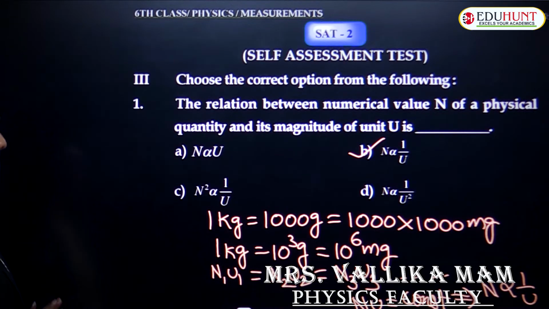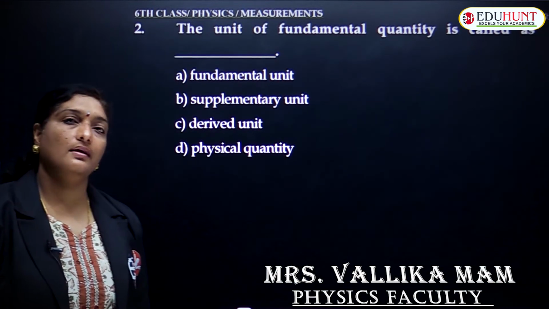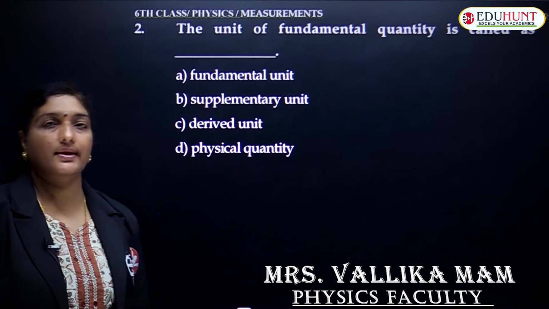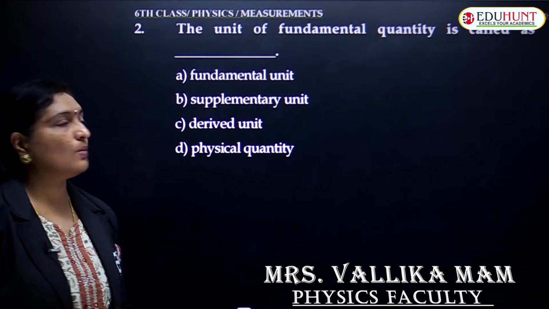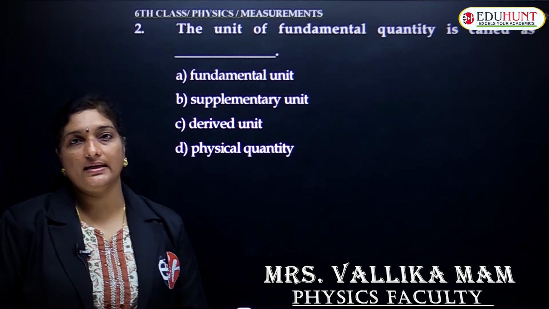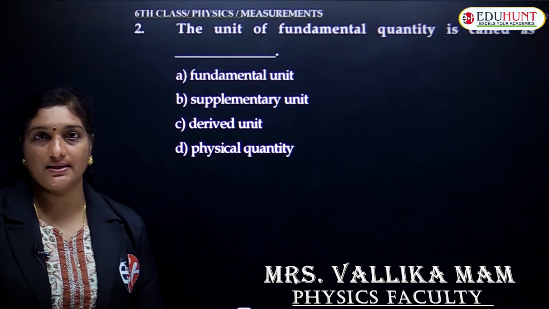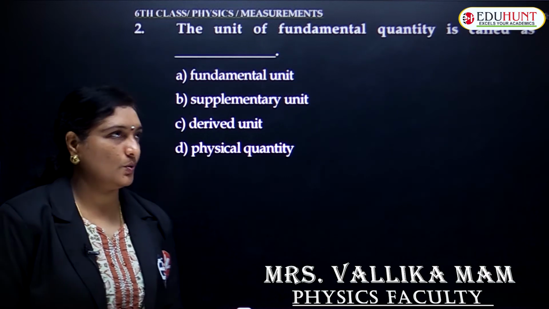Moving ahead, the unit of fundamental quantity is called. Children, earlier I already told you that the units of fundamental quantities are called fundamental units. The units of derived quantities are called derived units, whereas the units of supplementary quantities are called supplementary units.